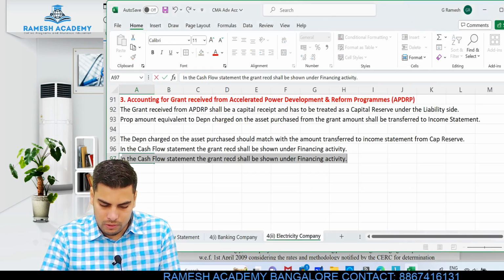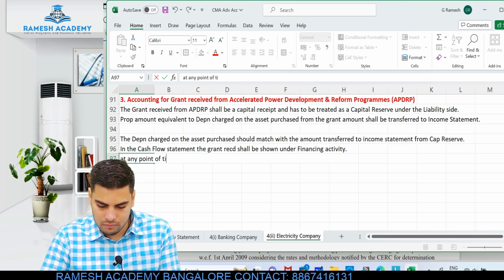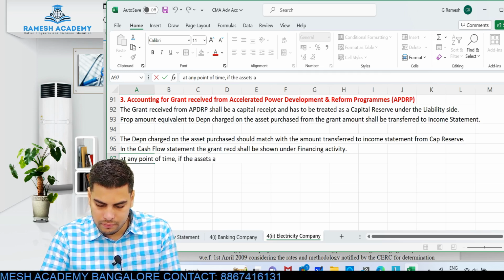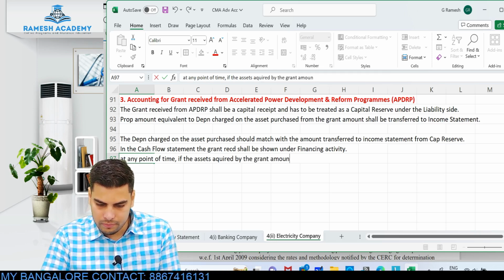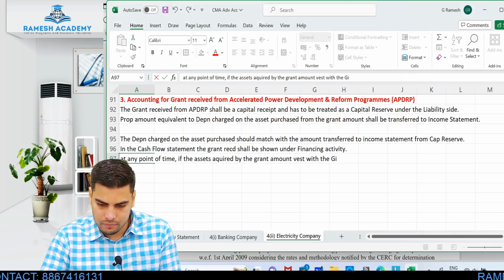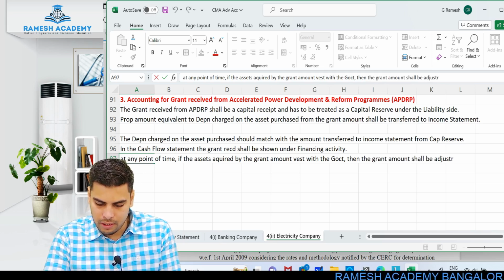So at any point of time, if the assets acquired by the grant amount vest with the government, then the grant amount shall be adjusted from the carrying cost.